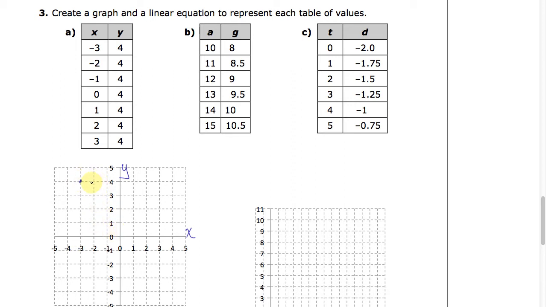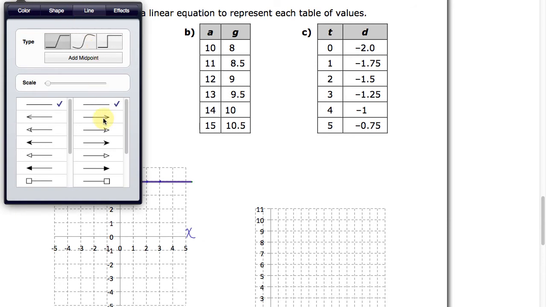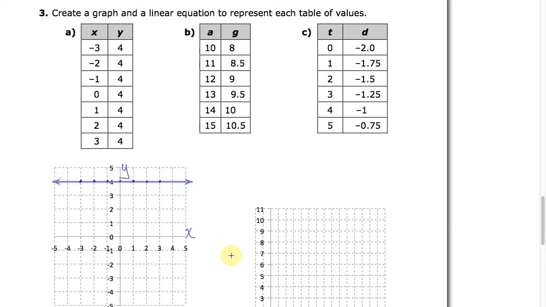With x equals -2, we have 4. And all the way across here, for all of these different x values, we have the same y. It's always at 4. And that creates a horizontal line at y equals 4. So again, I'm just going to put arrows on the end to show that this does continue on.